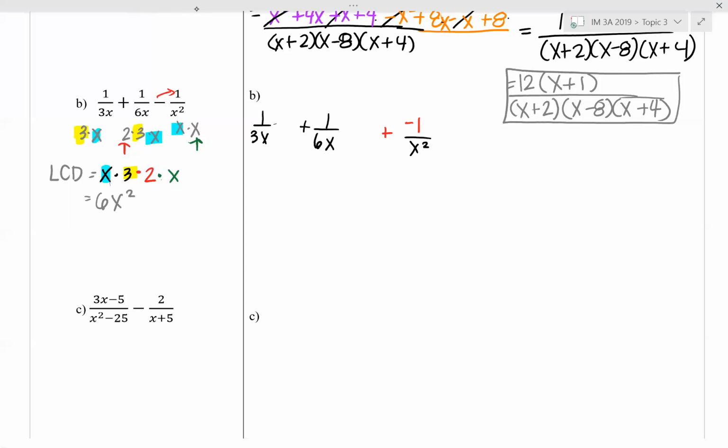So as I'm creating my common denominators, I'm comparing those denominators to what I need. So I have 3x, I need 6x squared. So I have 3 and I have x, that means that I'm missing the 2x. So multiplying by 2x over 2x will make my denominator 6x squared.